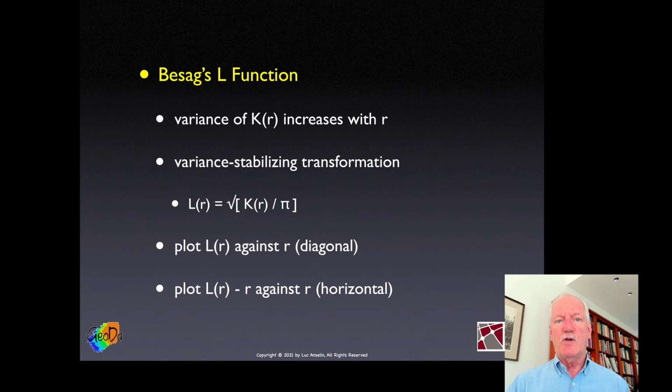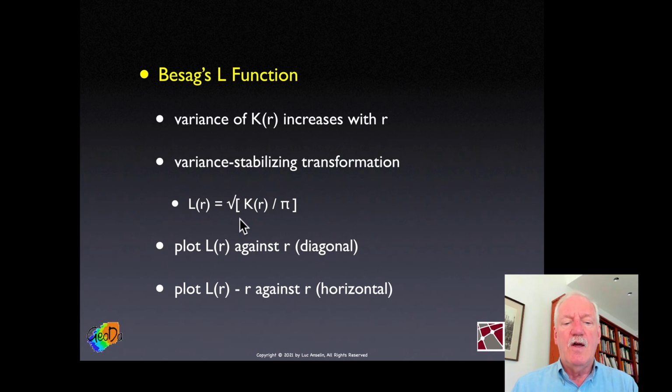But as it turns out, as you increase the radius of the circle, the variability of that function increases. In econometrics, you would call this a heteroscedastic process. The variance is not constant. So to make the variance constant, the L function takes the square root of the K function divided by pi.